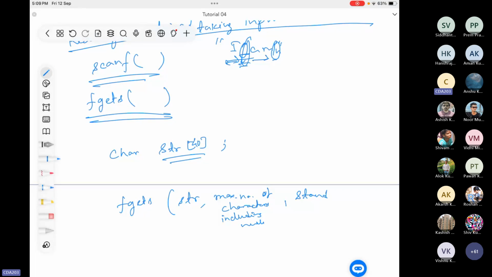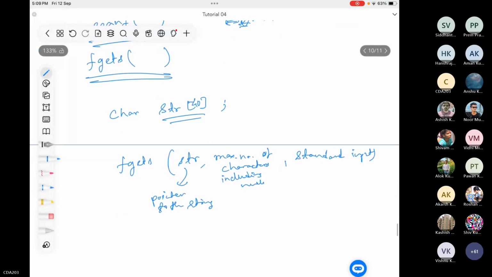Actually, it's an input stream, but for our purpose it's stdin, which is standard input. This is basically a pointer to the string where the input is stored.